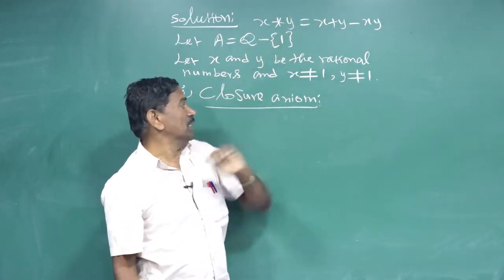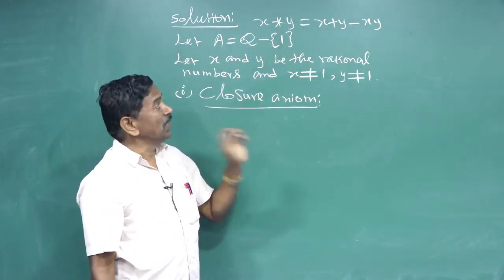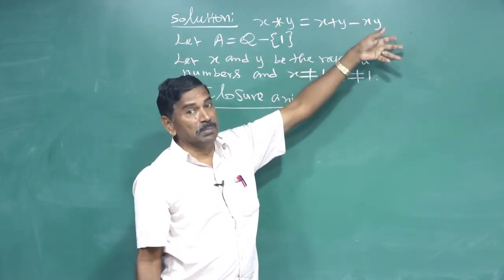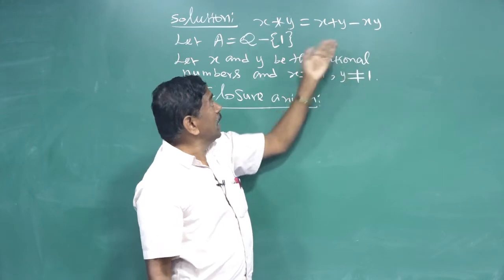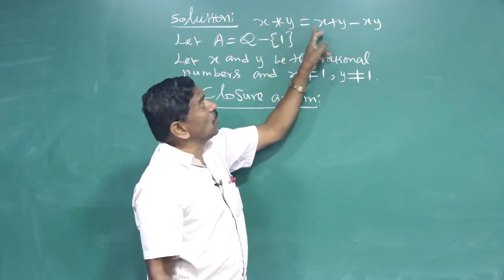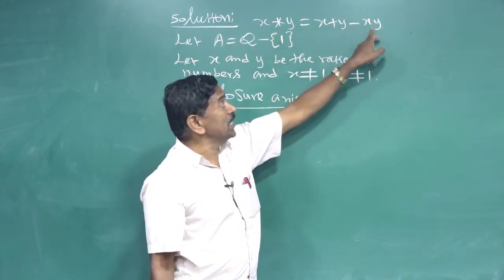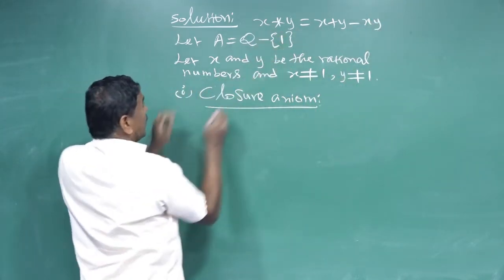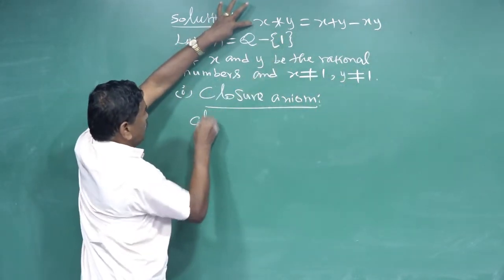That is very important. Now come to the closure axiom. Here x, y and xy are rational numbers. Therefore, clearly x star y is equal to x plus y minus xy is a rational number.